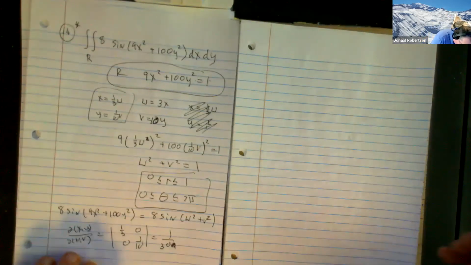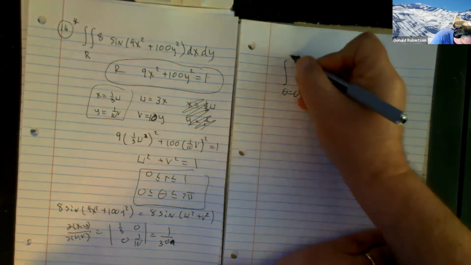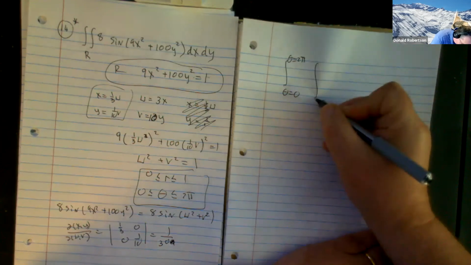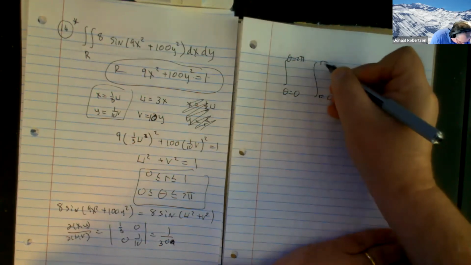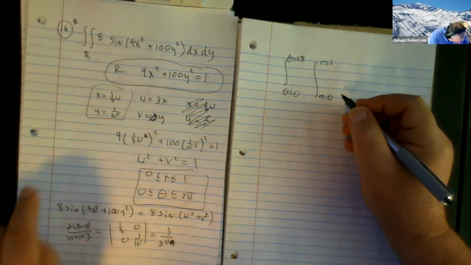So we're going to do theta from 0 to 2 pi because we had to change to polar. We're going to do r equals 0 to r equals 1. This guy here, where is he? Oh, here it is.